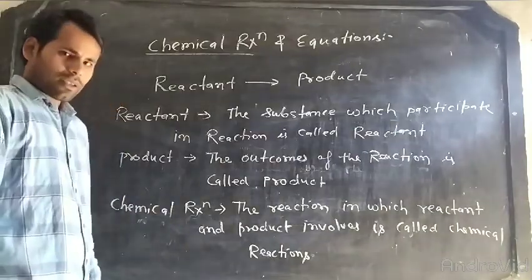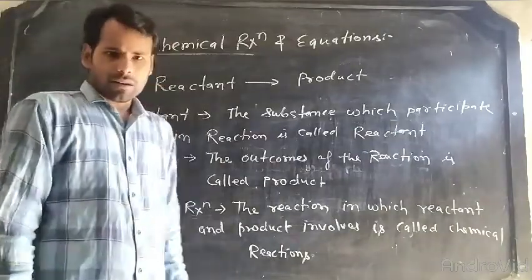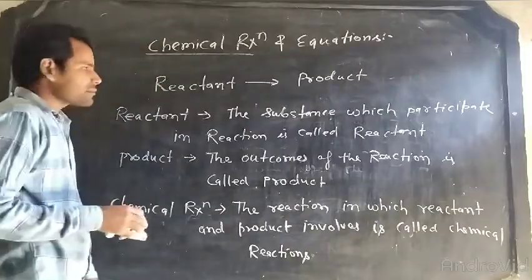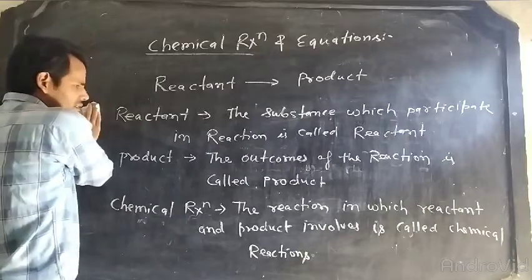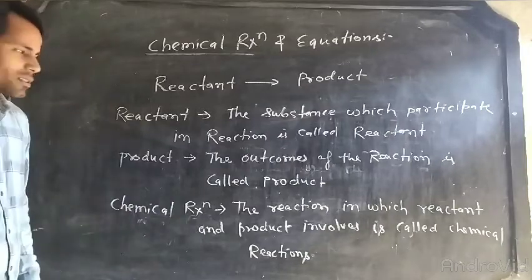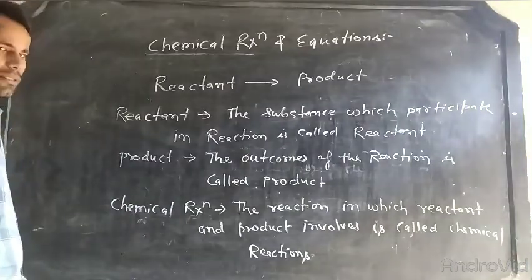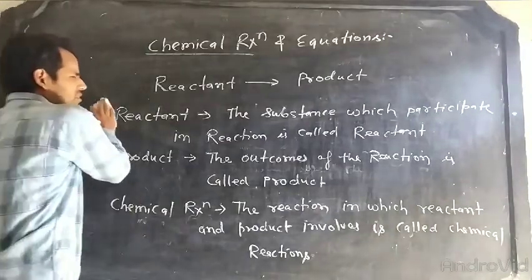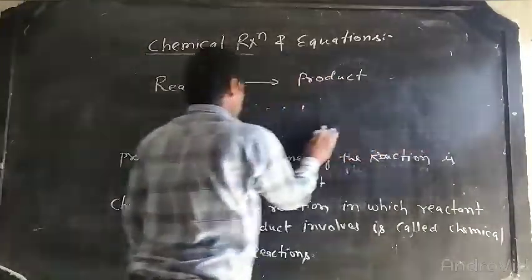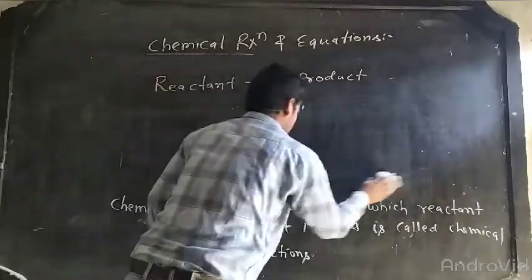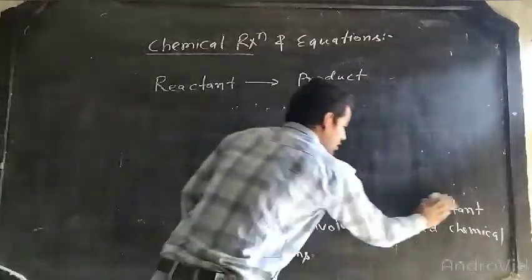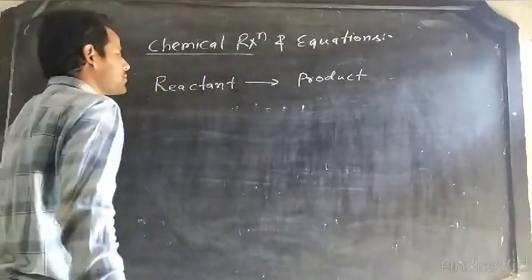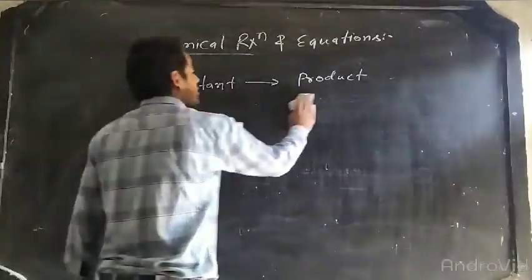First of all, we have to learn the 20 elements, up to 20 elements in class 10th only. Very simple it is. The outcome of the reaction is called product, and the substance which reacts is called reactant.